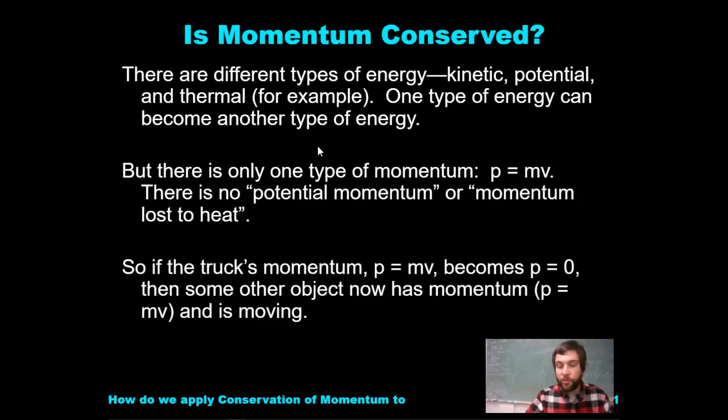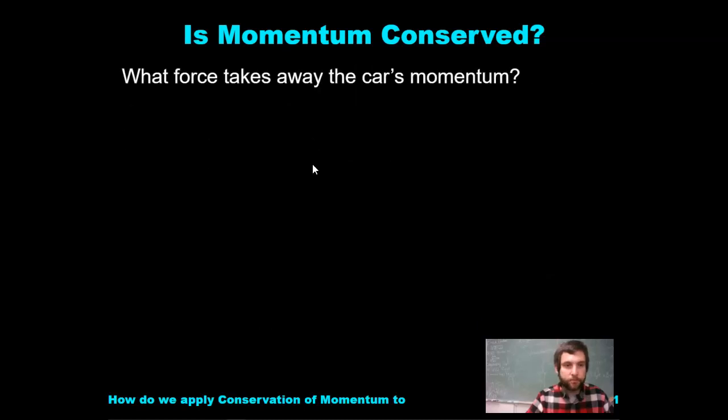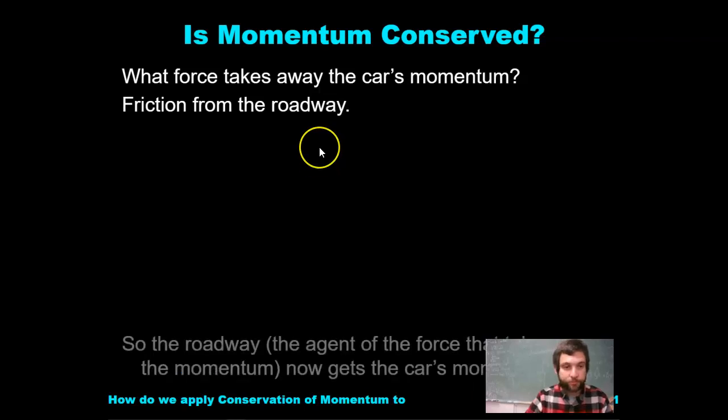So if the car's momentum, P equals mv, becomes P equals 0, then some other object now has momentum, P equals mv, and is moving. What object is it? Any ideas? What force takes away the car's momentum? Friction from the roadway.